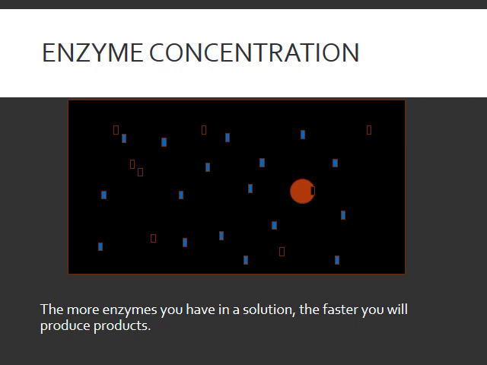So if you have a single enzyme in solution, it speeds up the reaction. If you increase the amount of them, increase the concentration, suddenly the reaction goes even faster. It breaks things down much more quickly. Does that make sense?